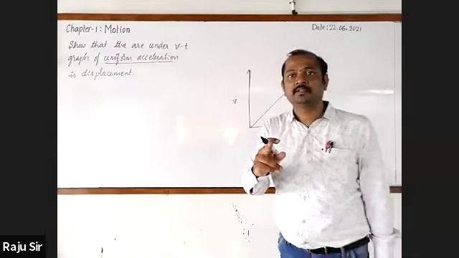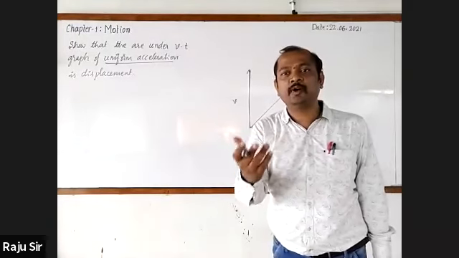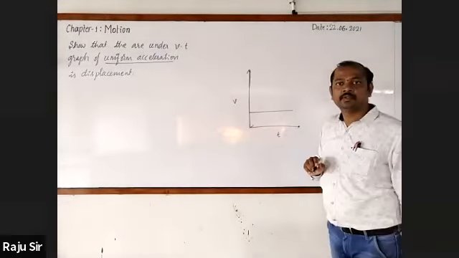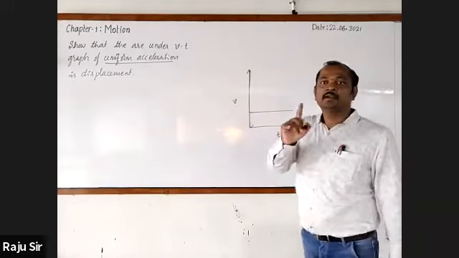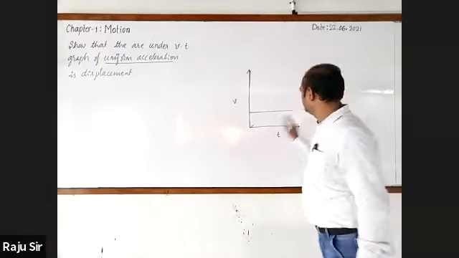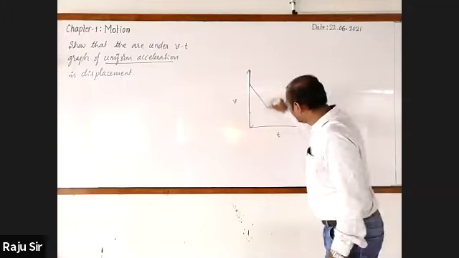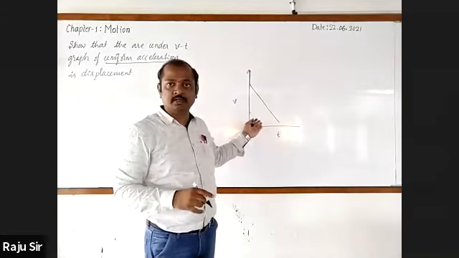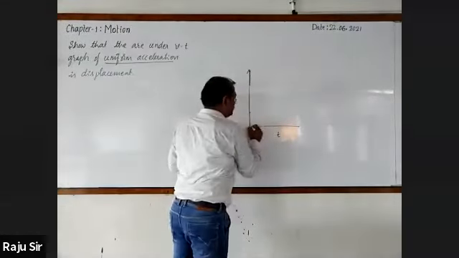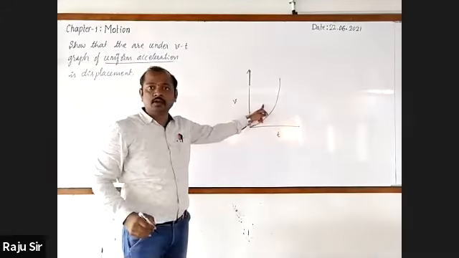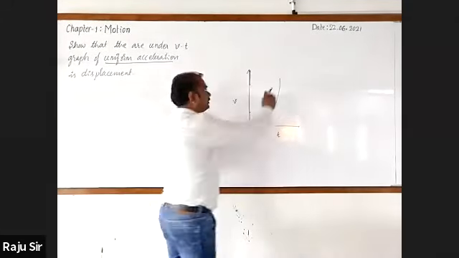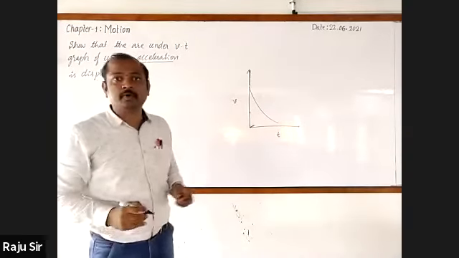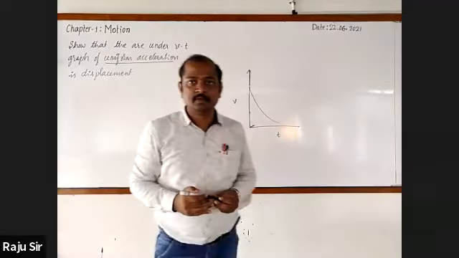It is uniform acceleration. If I draw in this way, it is constant velocity. If I draw like this, it is uniform deceleration. Next, it is non-uniform acceleration. This is non-uniform deceleration, right?